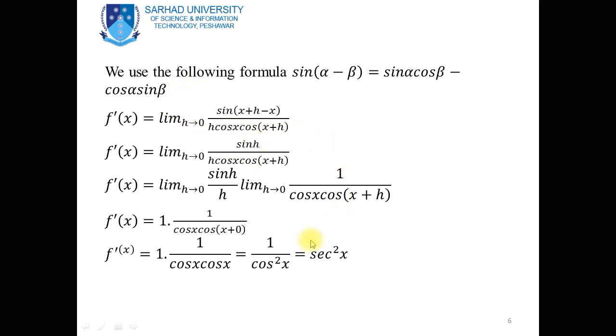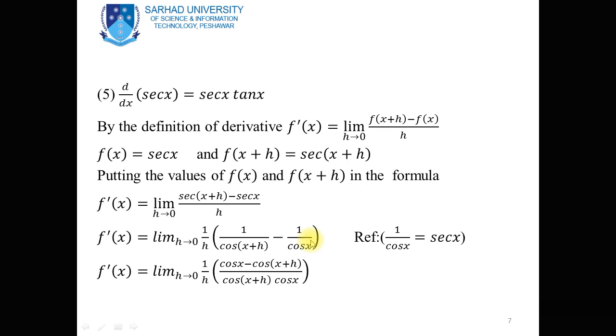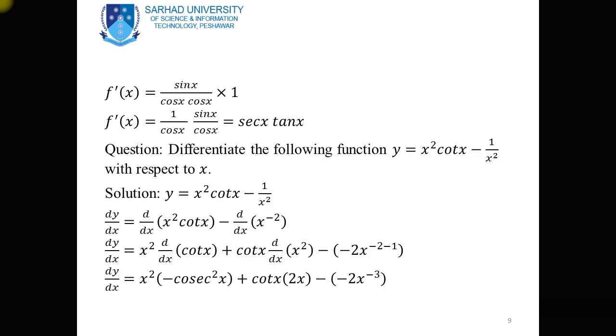This is actually the product rule. You see over here in this problem there is a product, x square into cotangent x. So first of all, apply the product rule or quotient rule, and then take the derivative of the specific term.